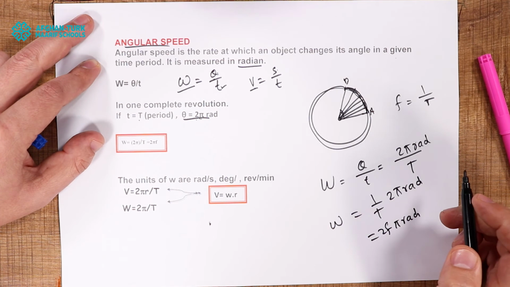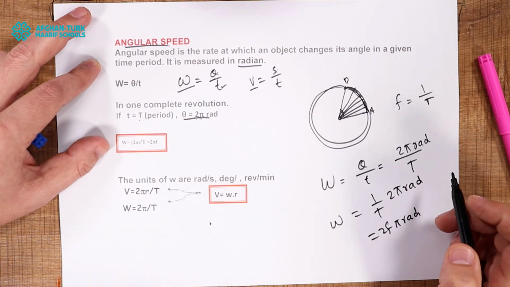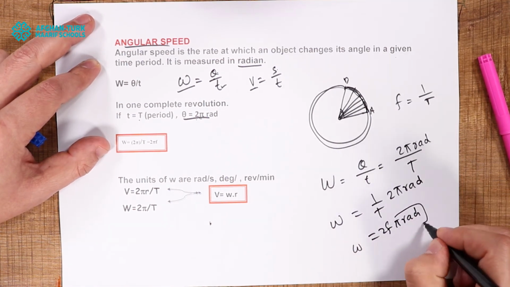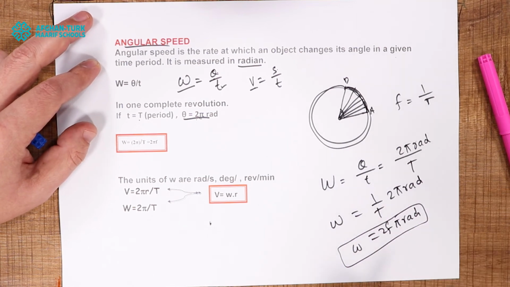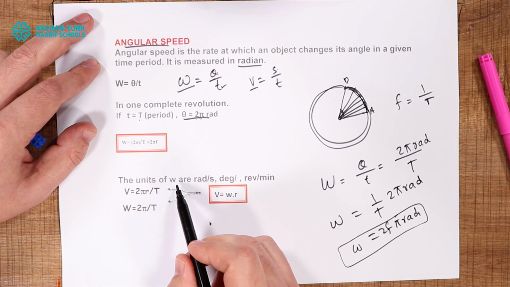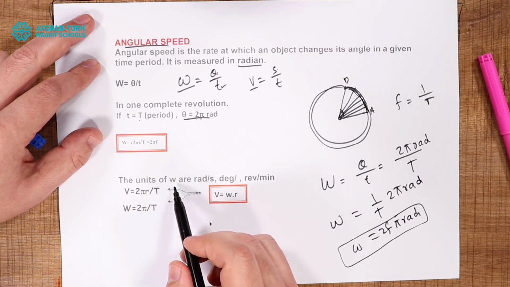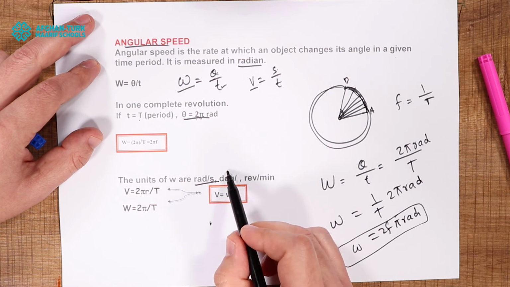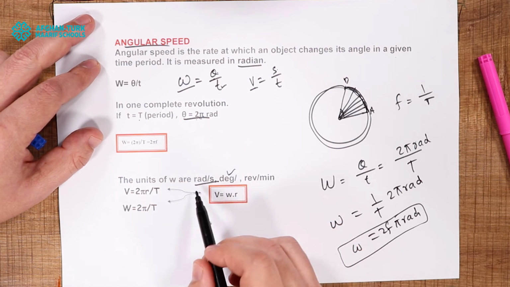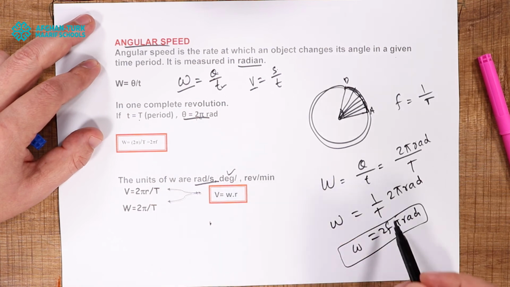So this is the formula used for angular speed. Next, the unit of omega, or angular speed, is radian per second.